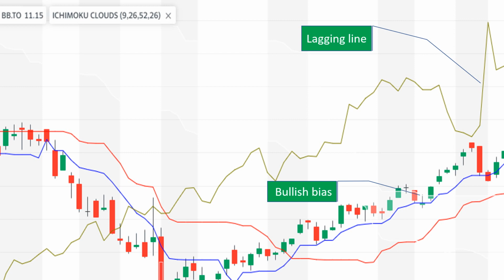When lagging span is below the price, it indicates a bearish bias and the trend is heading downward. If you see the lagging span spinning around the price up and down, it is a sign that the market is consolidating. Lagging span can also be used as dynamic support or resistance, just like a normal moving average.